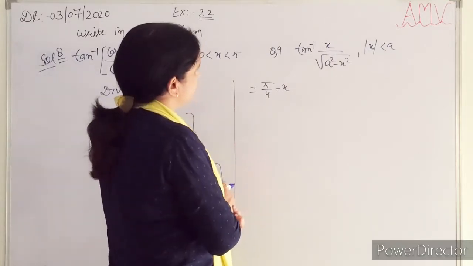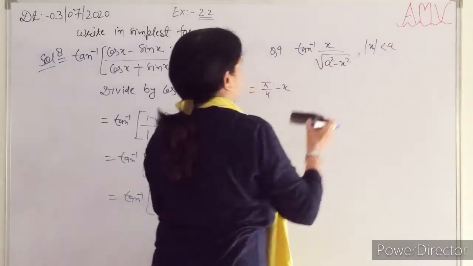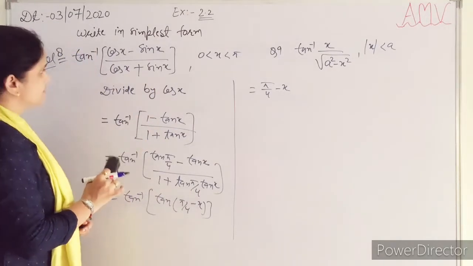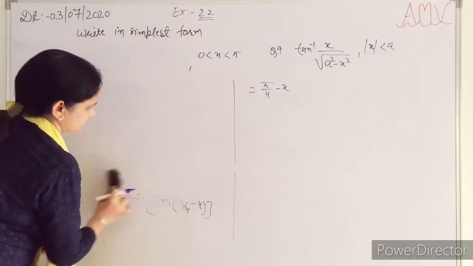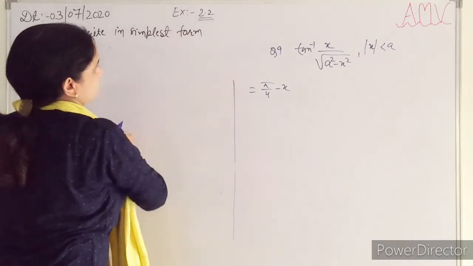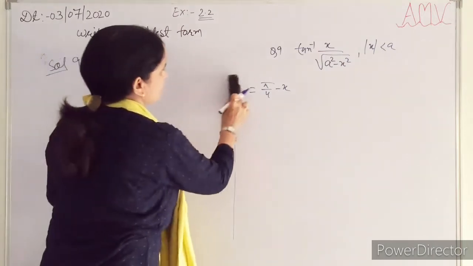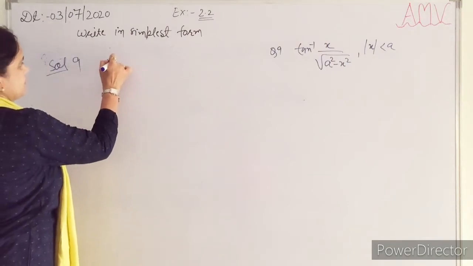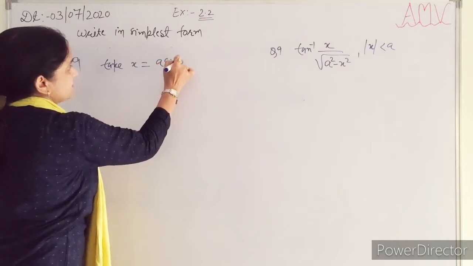Okay, now move ahead. The next question is tan inverse x upon under root a square minus x square. For this question, students, take x is equal to a sin theta.